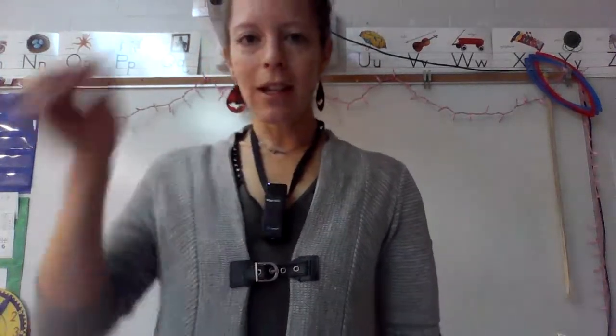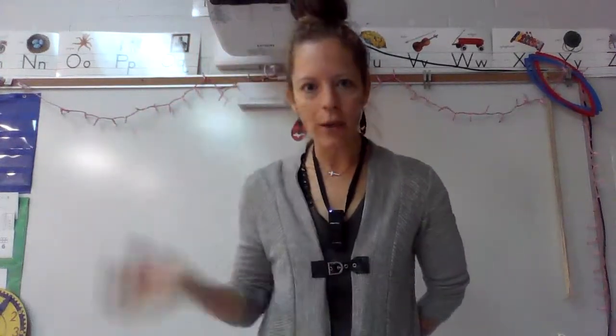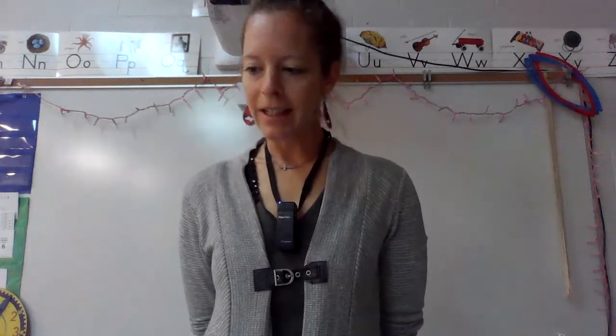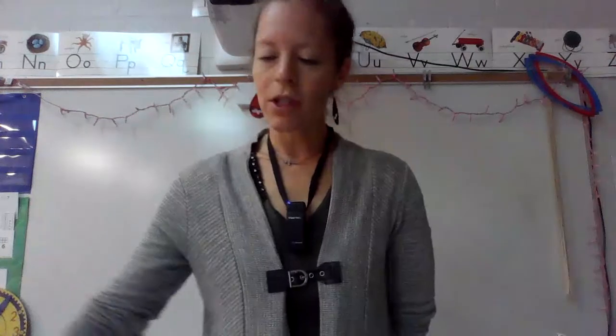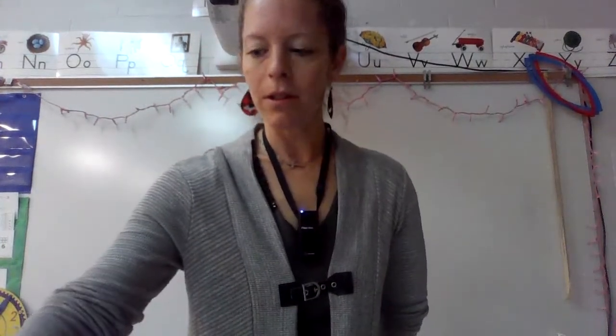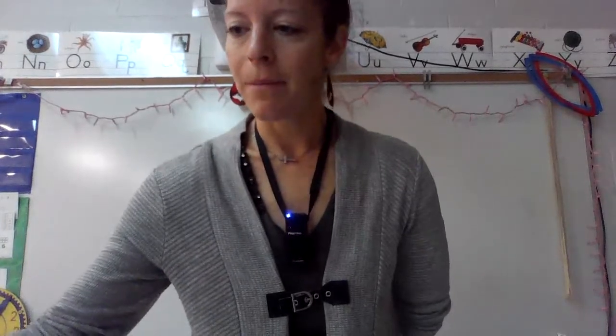Now, in today's session, we're going to investigate how even and odd numbers relate to double facts. And we'll also learn how to solve certain addition facts using what we know about doubles. Okay.